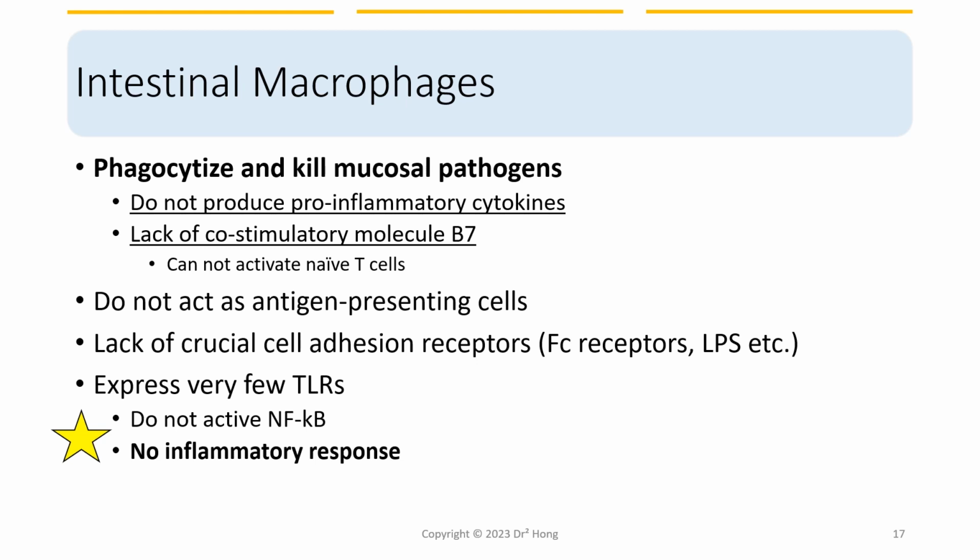They also lack crucial receptors such as Fc receptors and LPS receptors, and express very few toll-like receptors, so they do not activate the NF-kappa B pathway that leads to the inflammatory response.